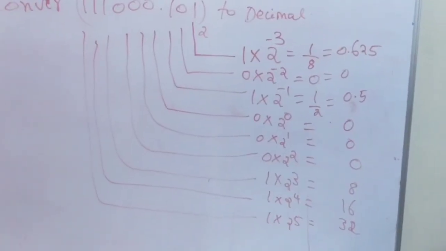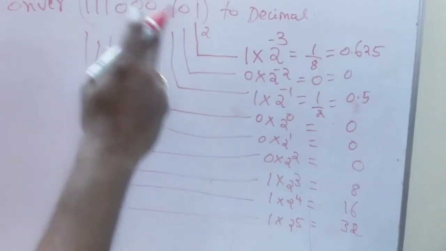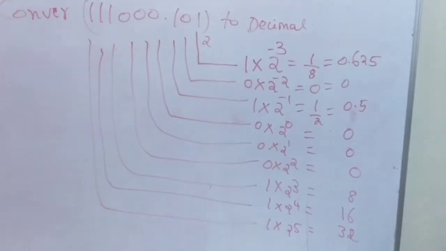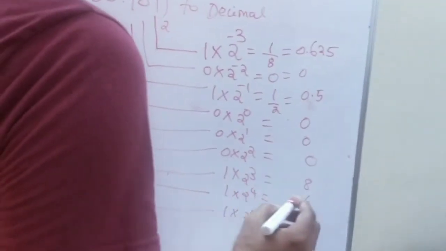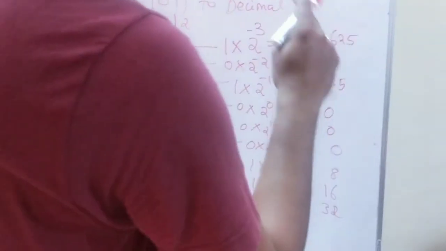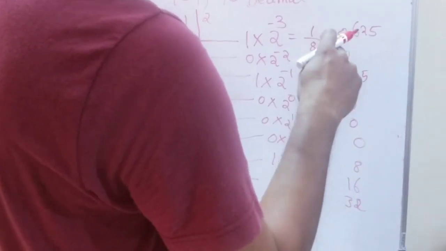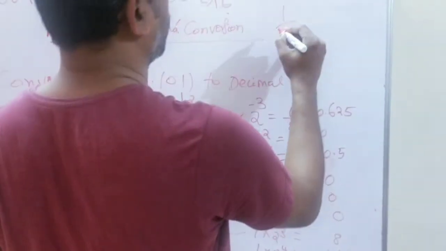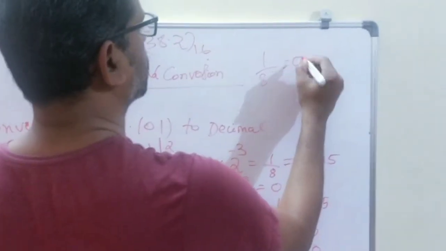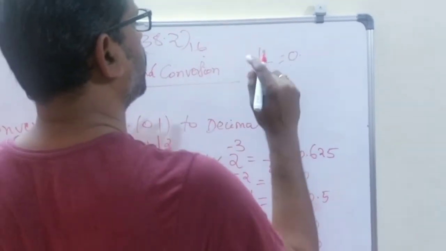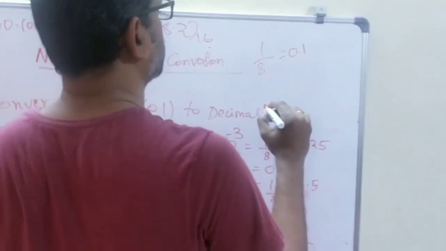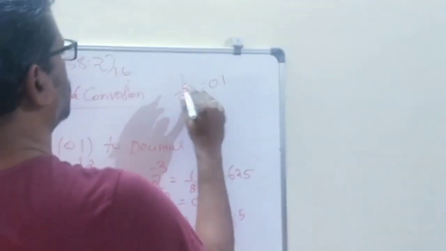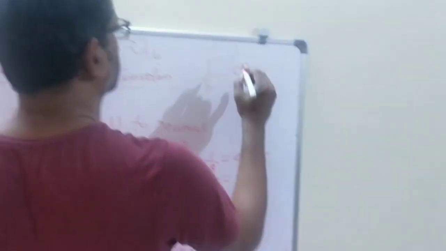Is it clear? What is 1 by 8? We have to check whether it is 0.625.